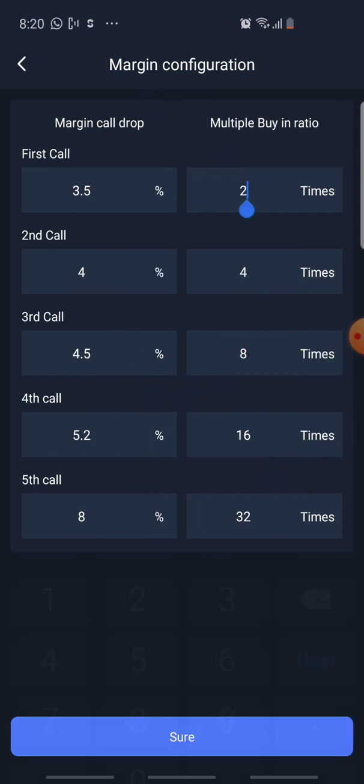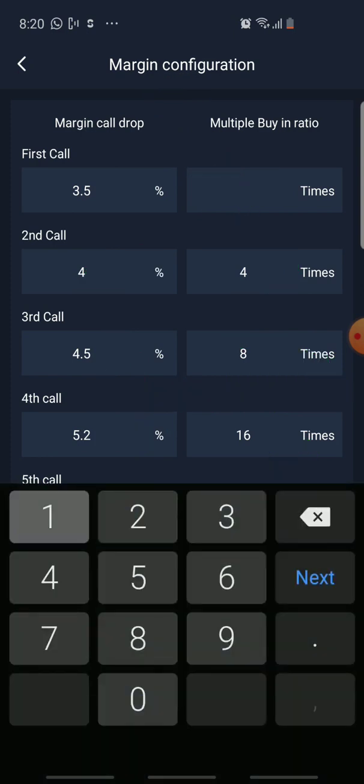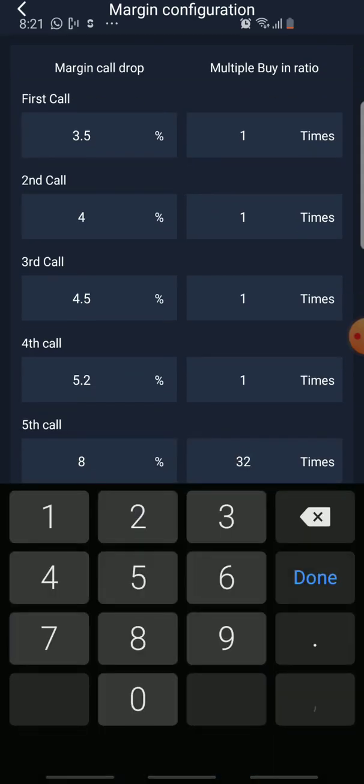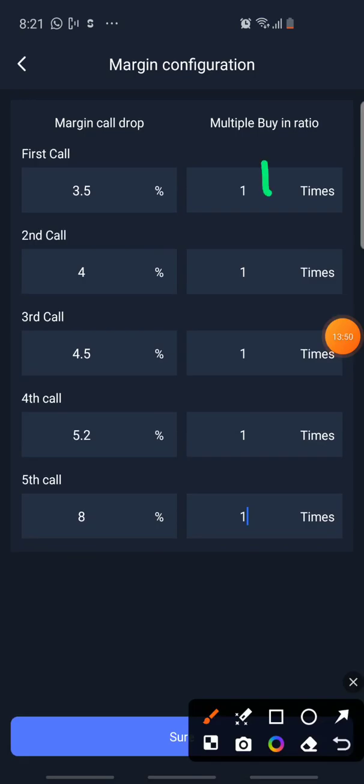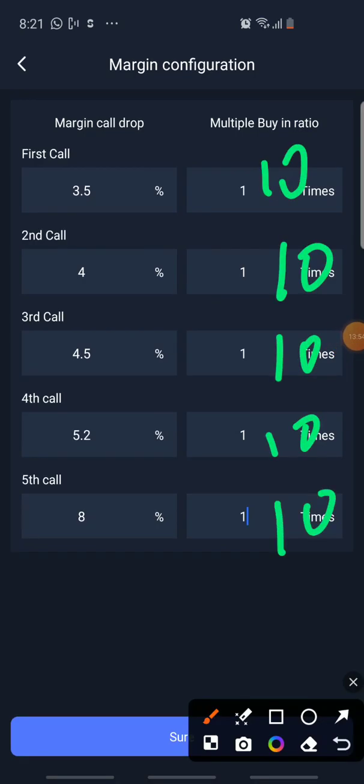But you can adjust these settings. You can still put 1. Depending on someone's capital, if you put 1, it means 1 times the first buying amount. So here it will still input $10, $10, $10, $10, $10.